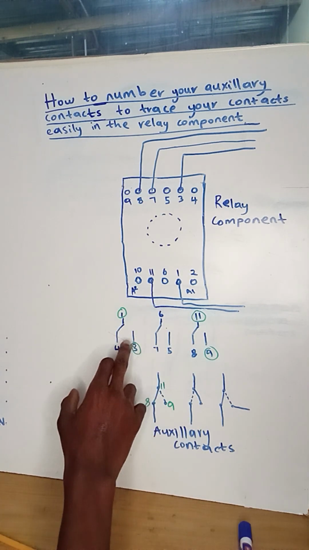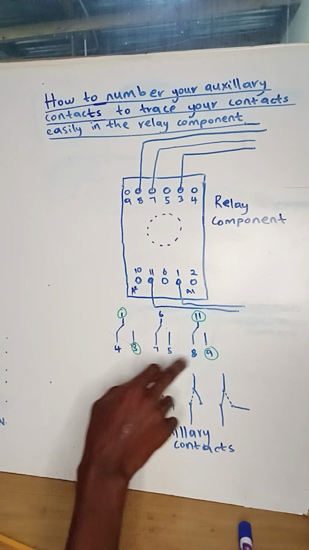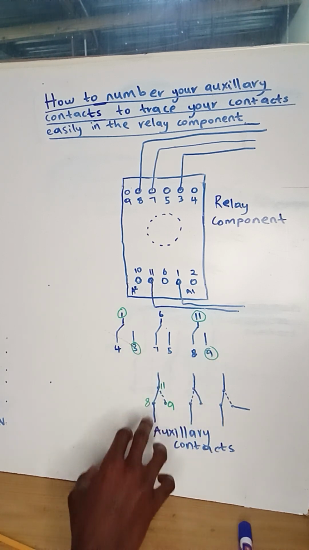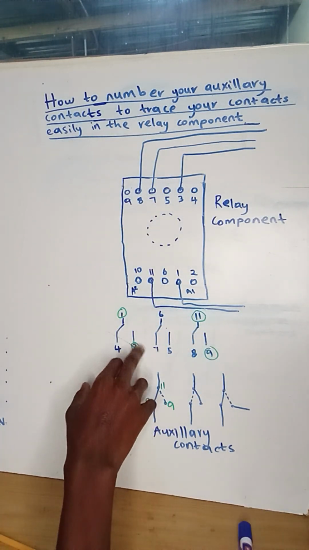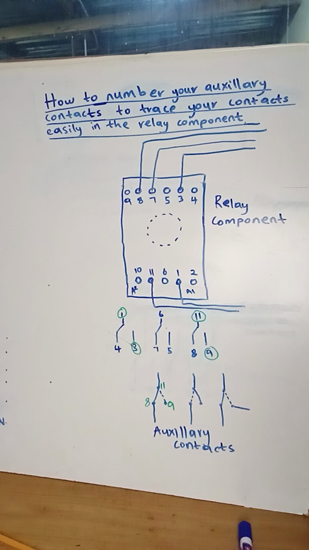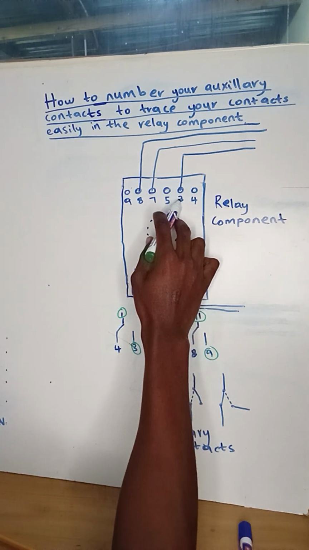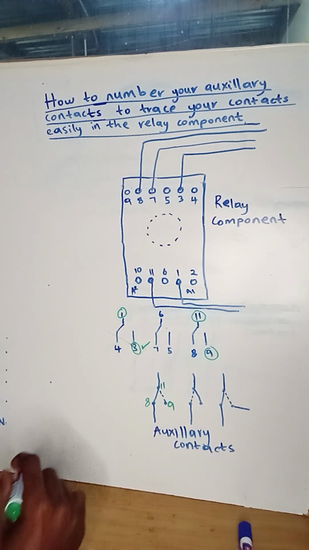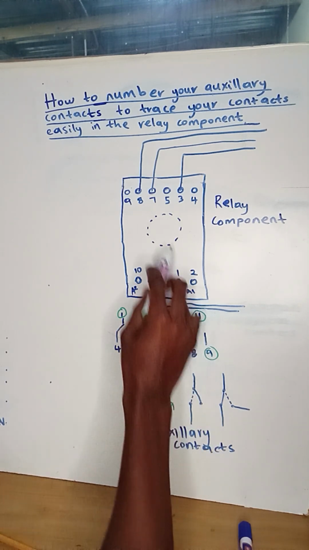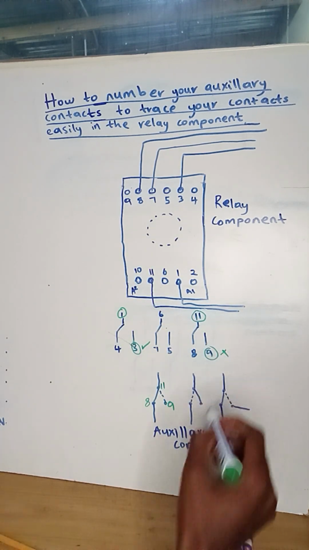Since we have open contacts 3 and 9, we will go to our relay component and check if 3 or 9 is connected. If you check here, 3 is connected, which means I'll take it, and let's check if 9 is connected. 9 is not connected, which means I won't use it.